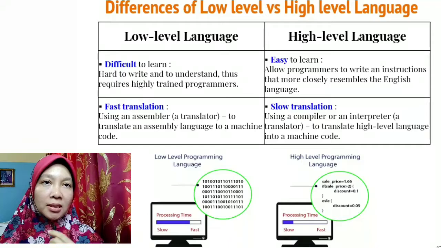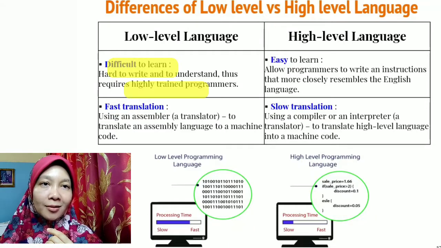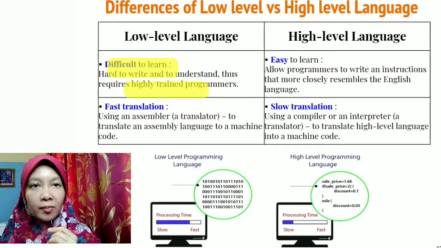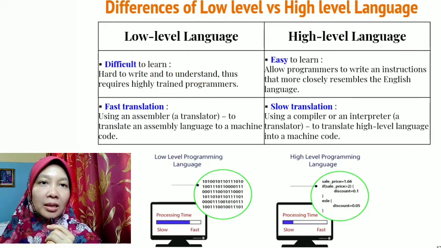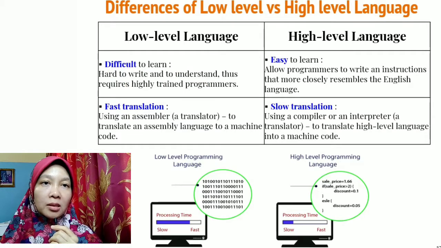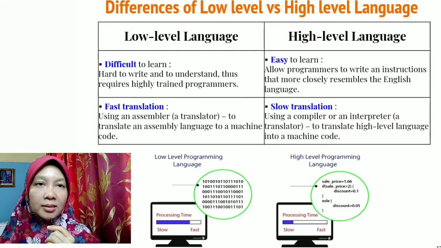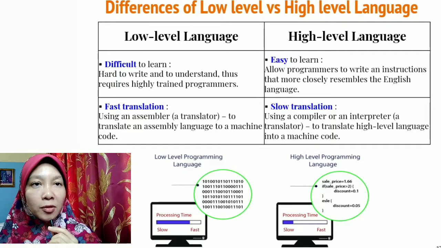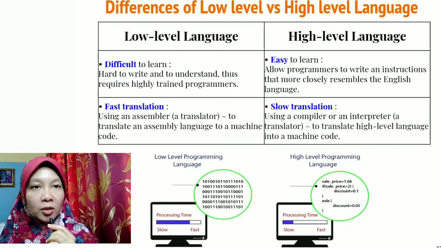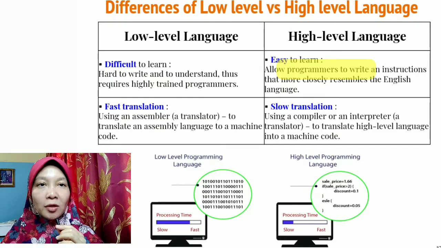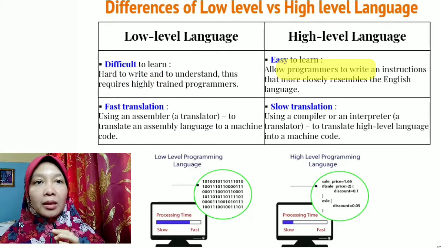Low-level language is difficult to learn because it uses binary form and mnemonic form. It is hard for the programmer to understand it directly. While high-level language is easier to use and learn by the programmer because it uses English terms.